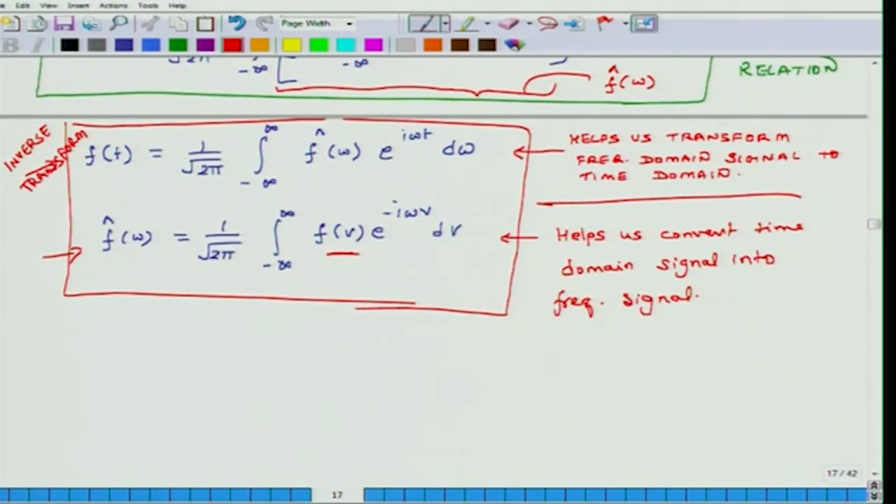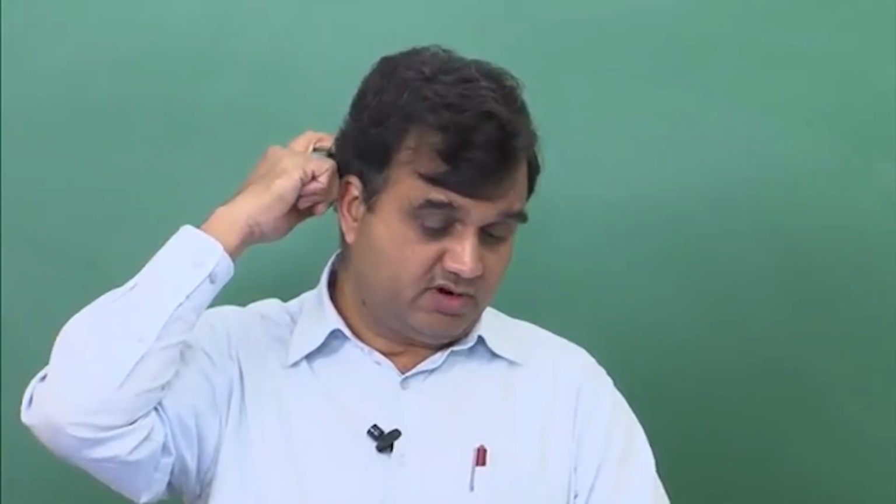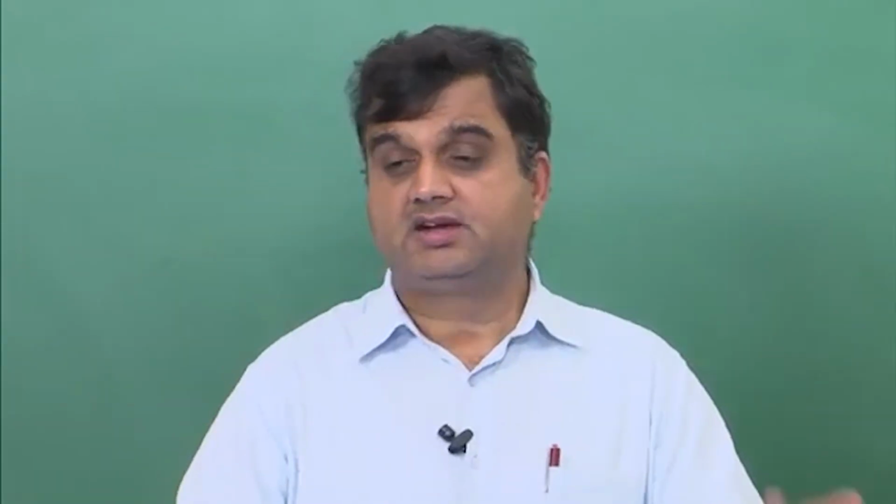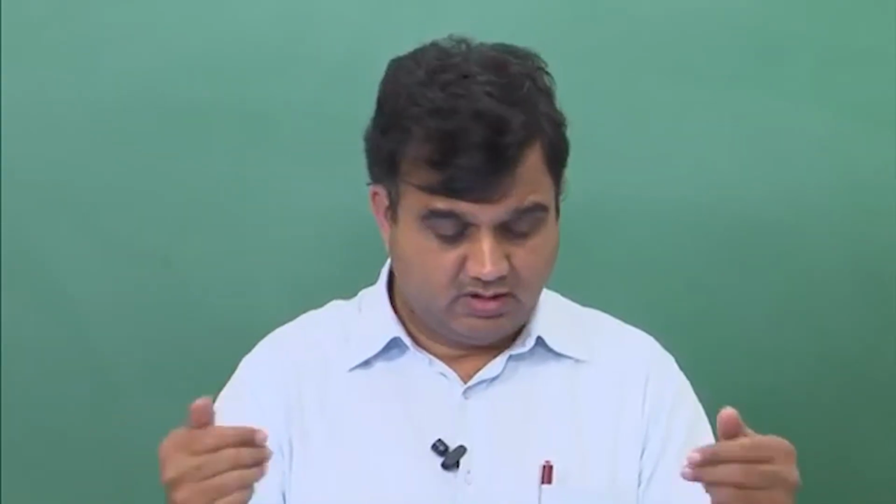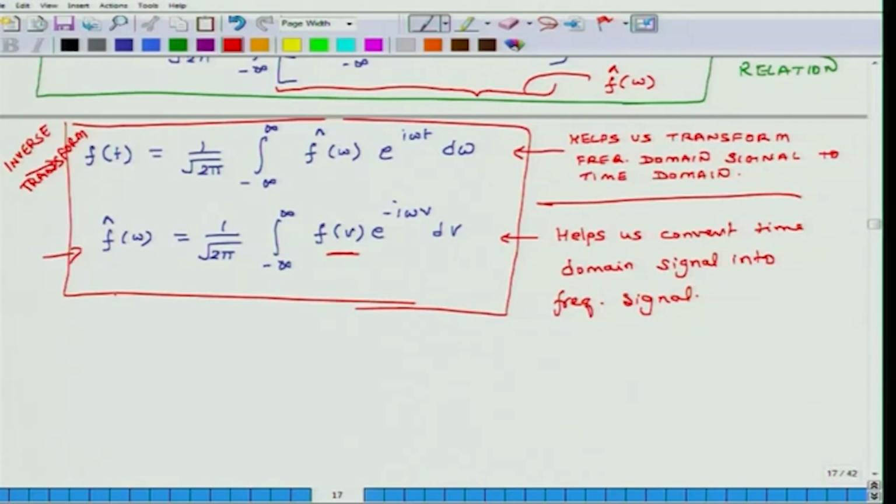So if you have a time series signal, and again this is not a digital signal, so we are not having discrete points. If I have a continuous function of time, and that function is not periodic, and I still want to figure out what are its frequency components, then I use this second formula, and using this I can calculate its frequency components.